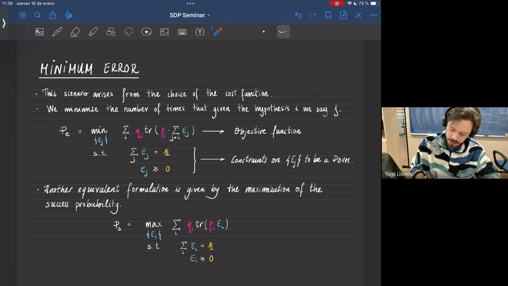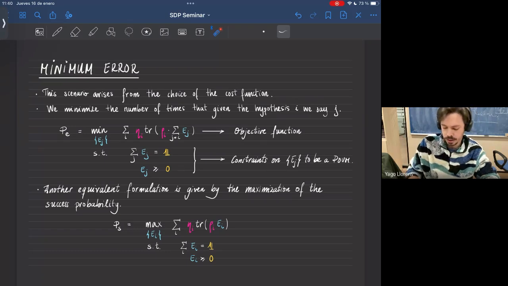Here it's the same: we are summing over all possible unnormalized states, now with the one that corresponds exactly to the state. Remember that if we obtain the outcome i, we will infer that it was the state i. And again, they have to fulfill the constraints that these E i operators are a POVM.